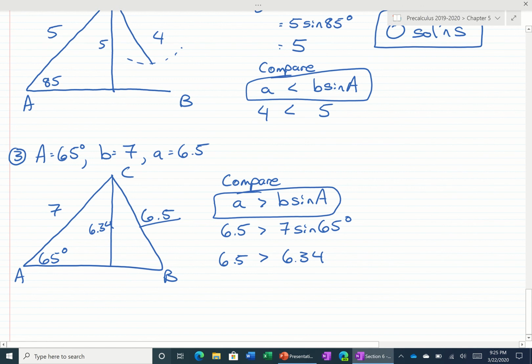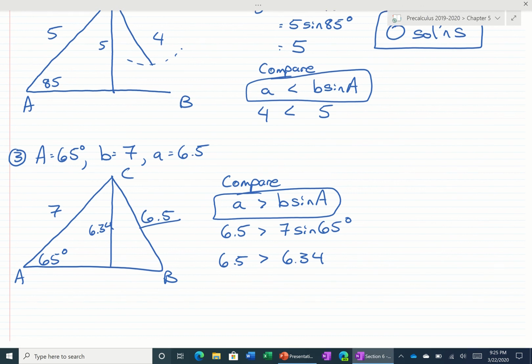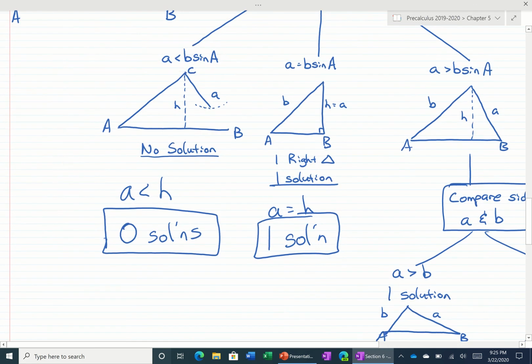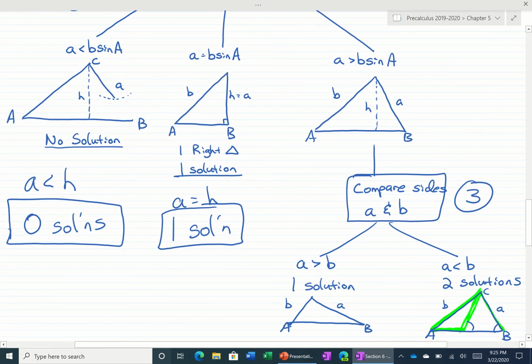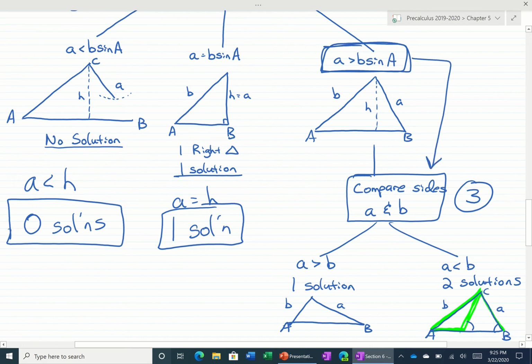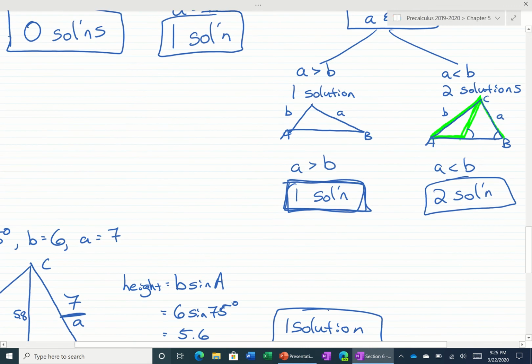Let's look at our chart. What happens when side A is bigger than B times the sine of A? Our next step is we have to compare sides A and B. And let's see what happens.